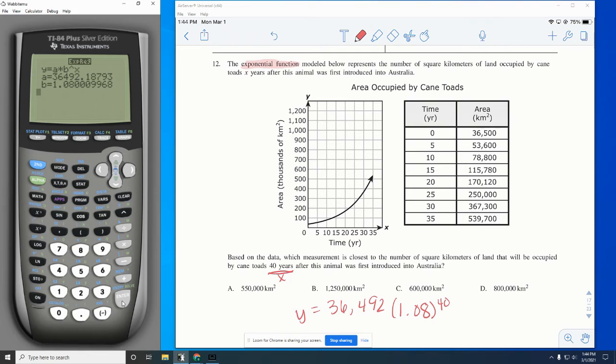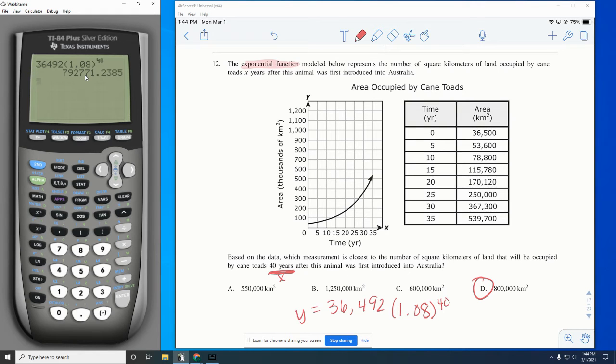And then remember, I'm wanting 40 years, so I'm going to plug in the 40. Okay, so 36,492, and you can use that 36,500 that we already had. That's okay too. Raised to the 40 because we're trying to find when X is 40, and we get almost 800,000, which is going to be answer choice D.